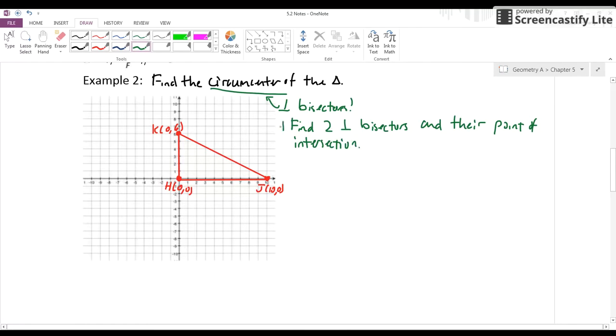And that's how we're going to find the circumcenter. What's really great about this triangle is that it's a right triangle. And remember, it's a right triangle because the right angle is here at the origin, and we've got a leg on the x-axis and a leg on the y-axis.